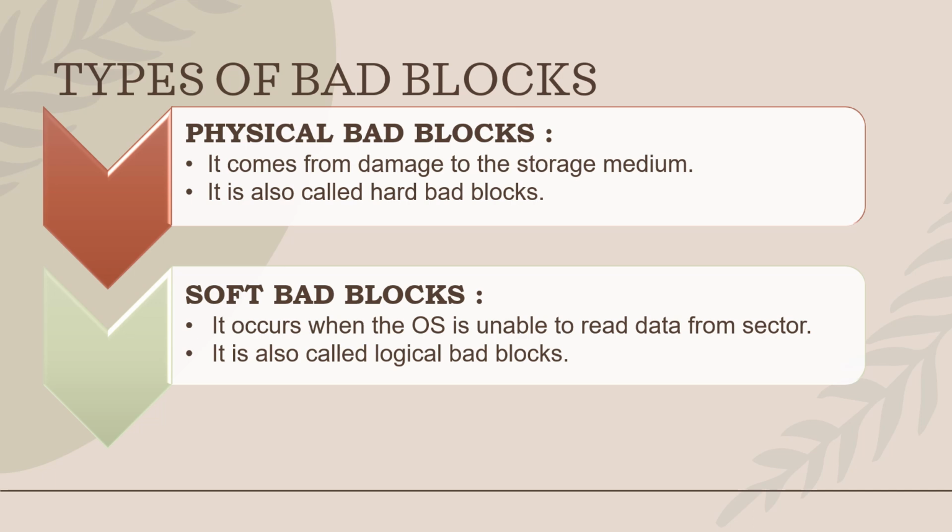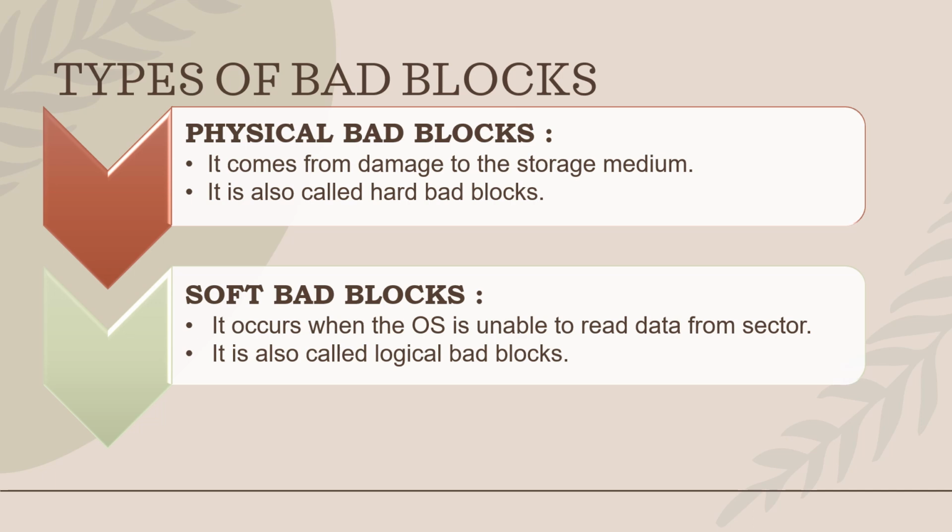And the second one is soft bad blocks. A soft bad block, or logical bad block, occurs when the operating system is unable to read data from a sector. It is also called a logical bad block.